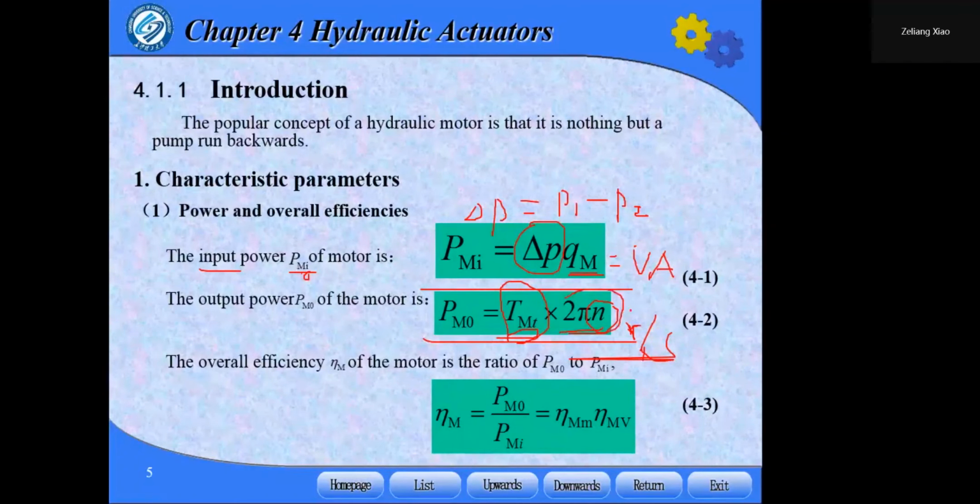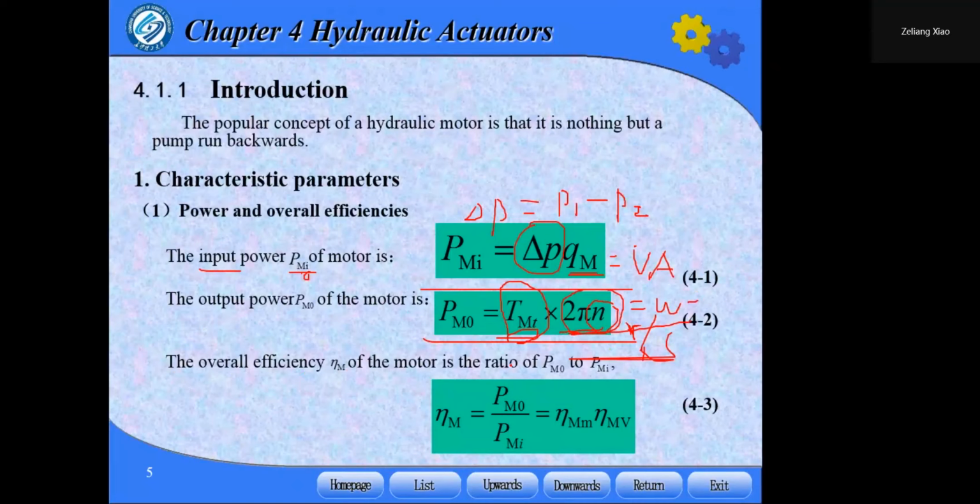As this term equals the angular speed, which equals this term, the output power can be calculated by this expression.